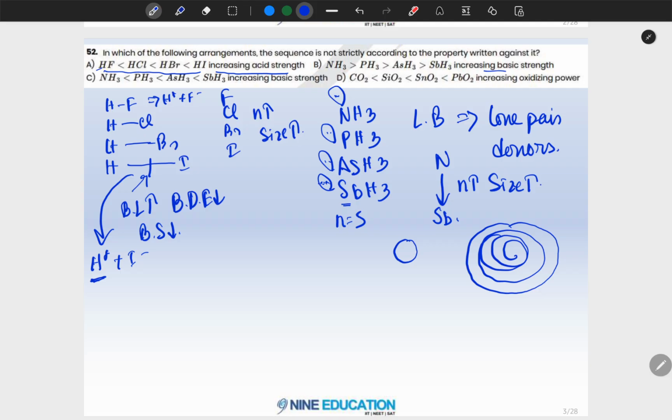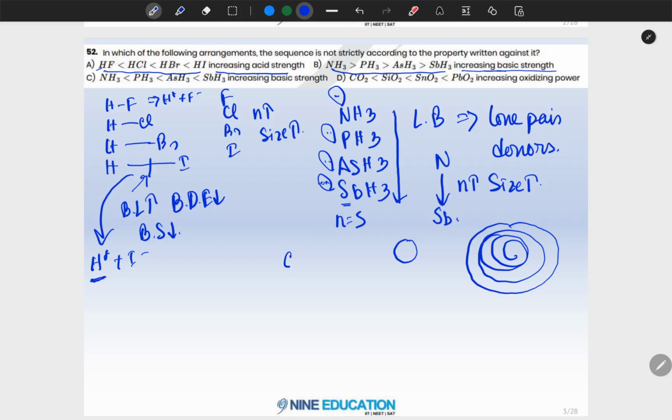So in ammonia, nitrogen can easily donate the lone pair of electrons to any other substance. That's why ammonia is the most basic over here, and down a group, because of the increase in the tendency of delocalization, the basic character will decrease. So again the order is correct with respect to the property that is stated against it.